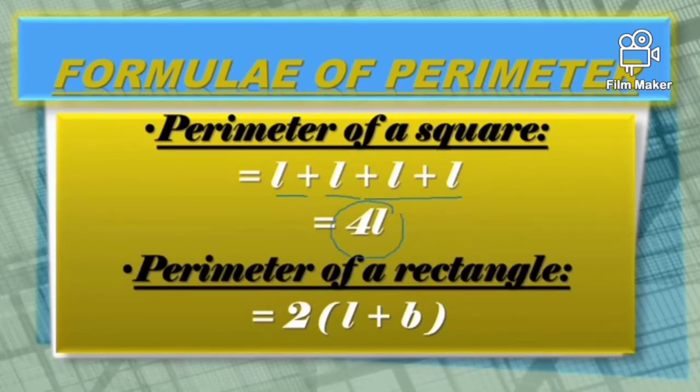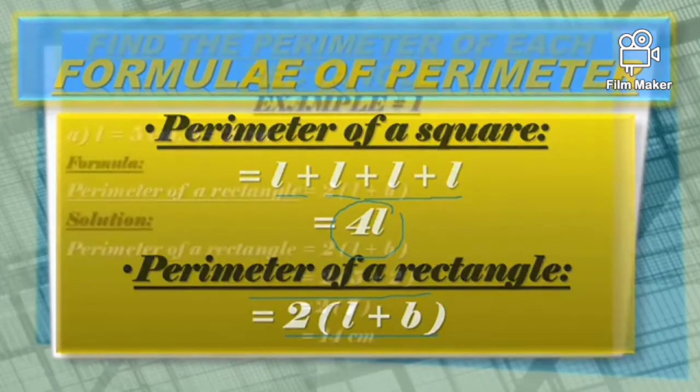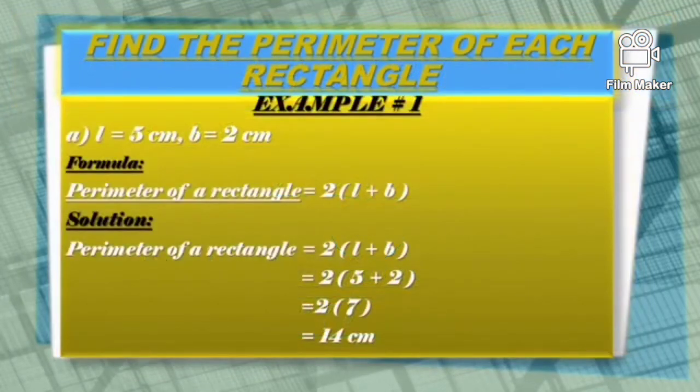And the formula of a rectangle is 2(L plus B). We are going to find out the perimeter of a rectangle with the given length and breadth.